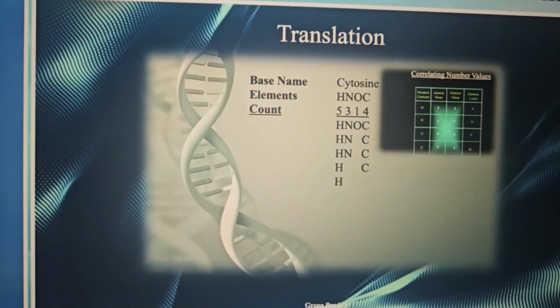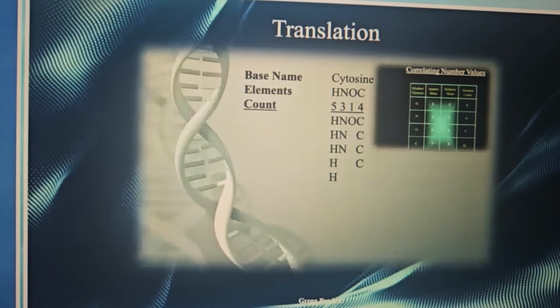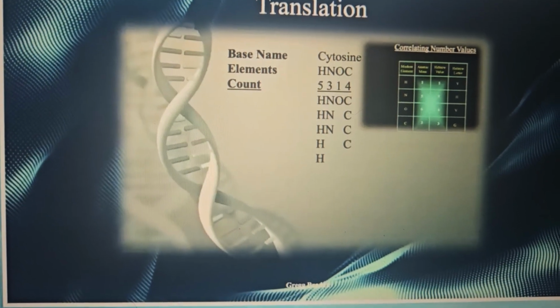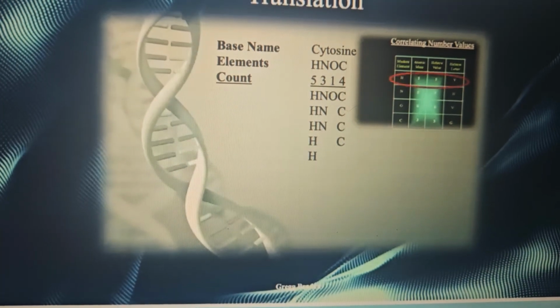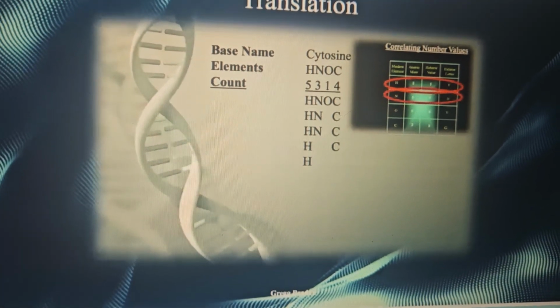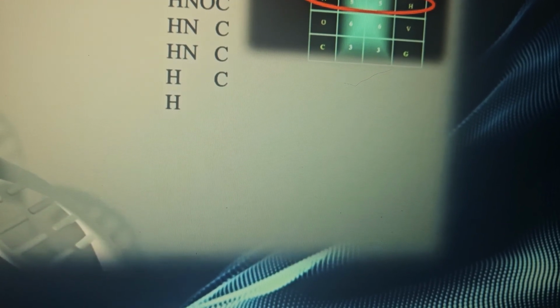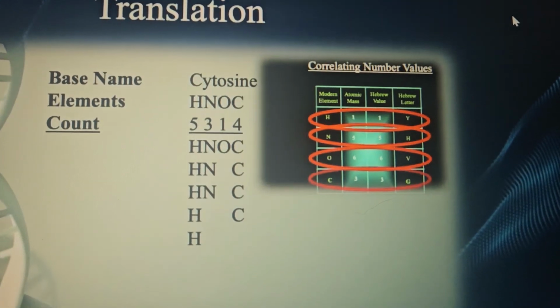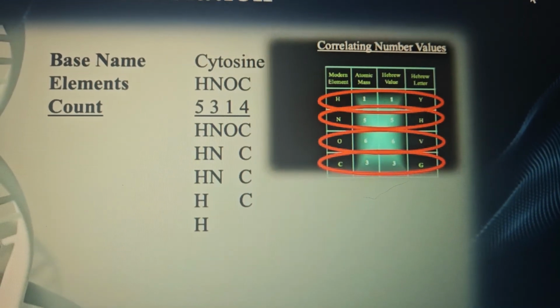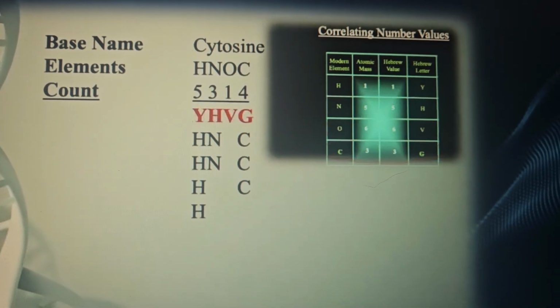And now the little chart tells us that for every one of those elements, we can put a letter in there because of the link. So when we put those letters in there, every hydrogen becomes a Y, every nitrogen becomes an H, oxygen becomes a V, every carbon becomes a G, a Gimel. So no mystery. I want you to see exactly, no hocus pocus. There's where it comes from right there.